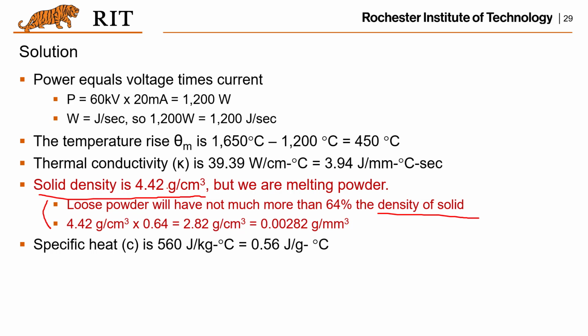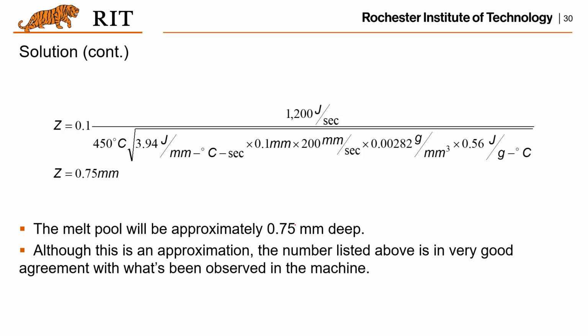That means you can use 64% of the solid density as the powder density in the equation. Again, be aware of the units during the computation. So here is the result, which is 0.75 millimeter for the melting depth.